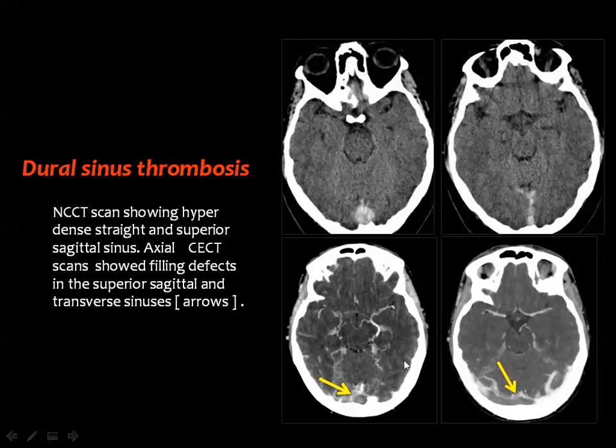After injection of contrast, you get enhancement of the wall of the thrombosed sinus, but the thrombus will not enhance. It will appear as a filling defect within the thrombosed sinus. And of course, you can see the transverse sinus here, which is totally occluded by the thrombus, and the enhancement of the sinus wall in this post-contrast image.